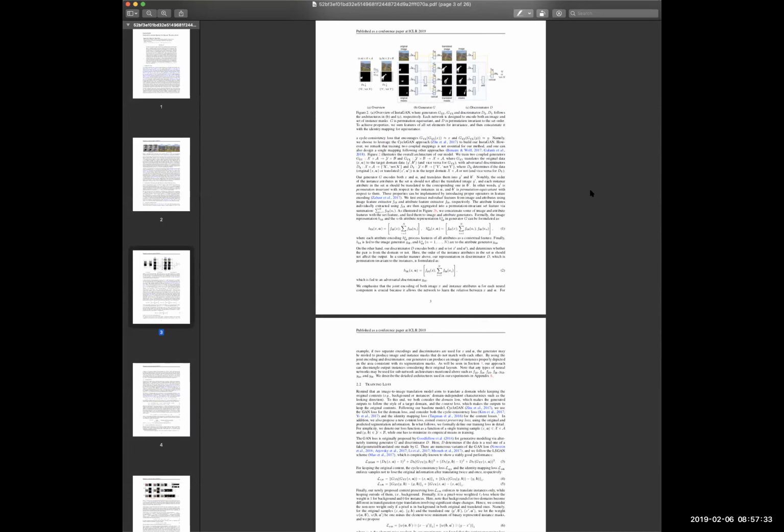So the mask that you supply at inference time is going to be very generic, right? It's just going to be pants.